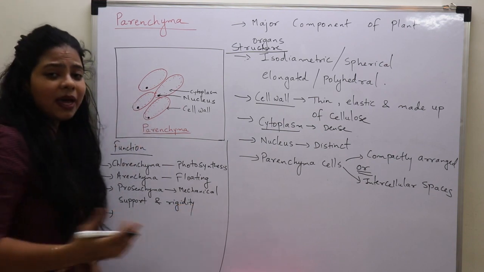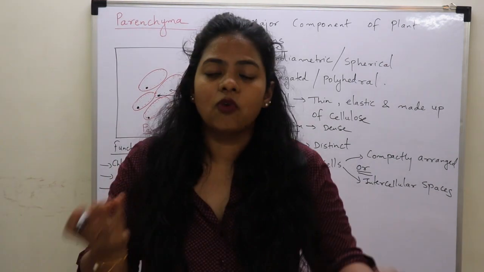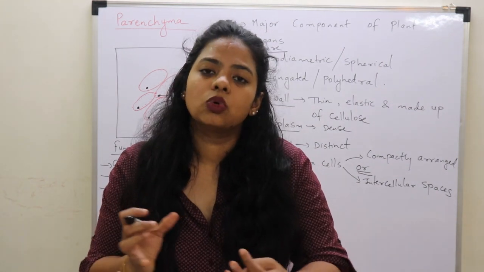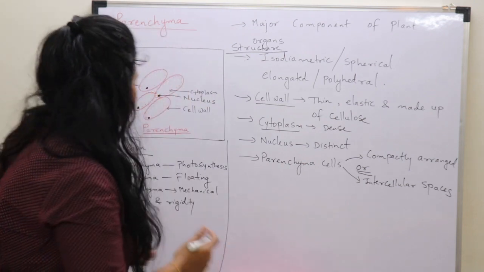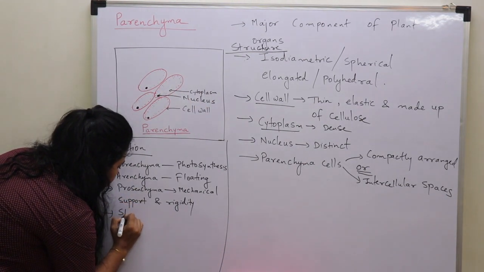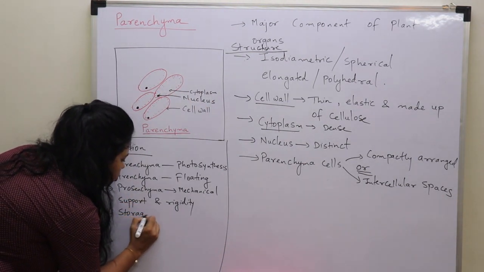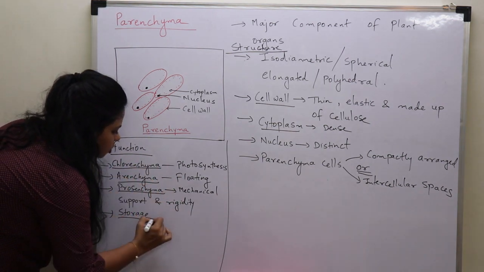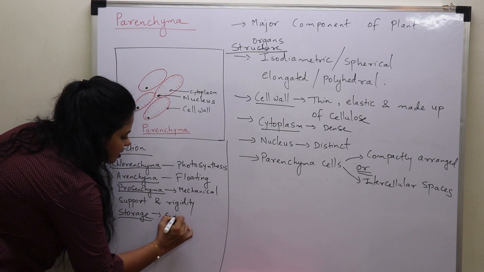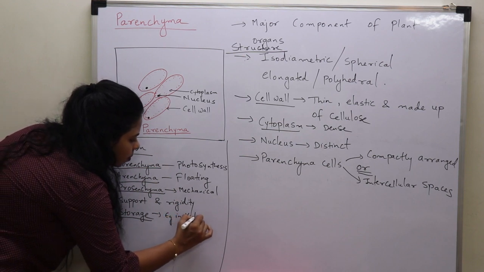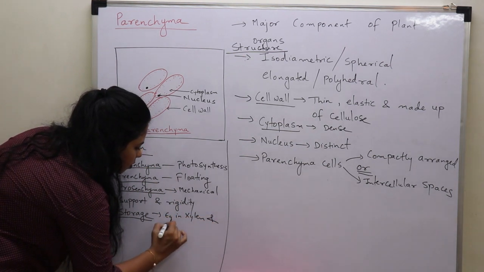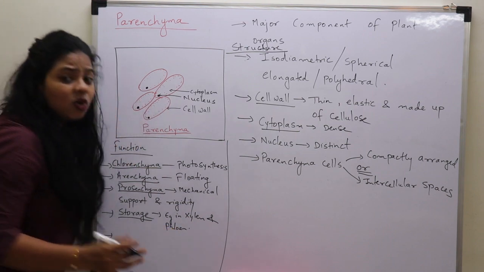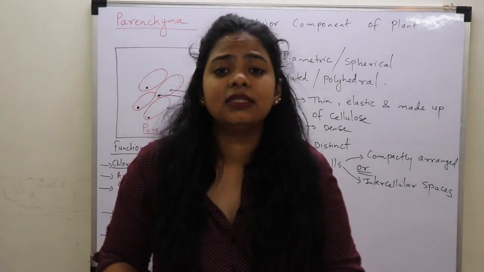Now, some parenchyma help in storage of water and food. For example, xylem and phloem parenchyma store water and food. So, the next function is storage. Next, some parenchyma help in secretion.